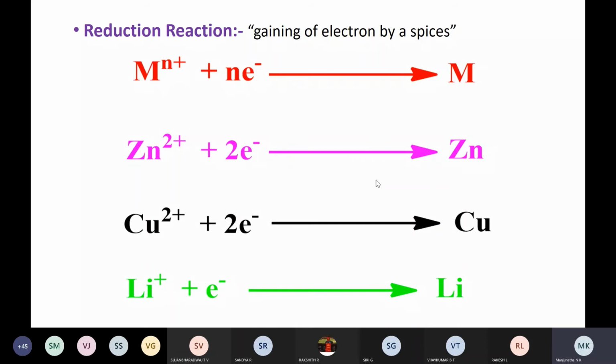Yes, sir. So this is the first one, the oxidation and reduction reactions observed during interconversion of chemical energy into electrical energy or electrical energy into chemical energy. This interconversion is studied using a device called an electrochemical cell. Electrochemical cells are devices used to study the interconversion of energies.